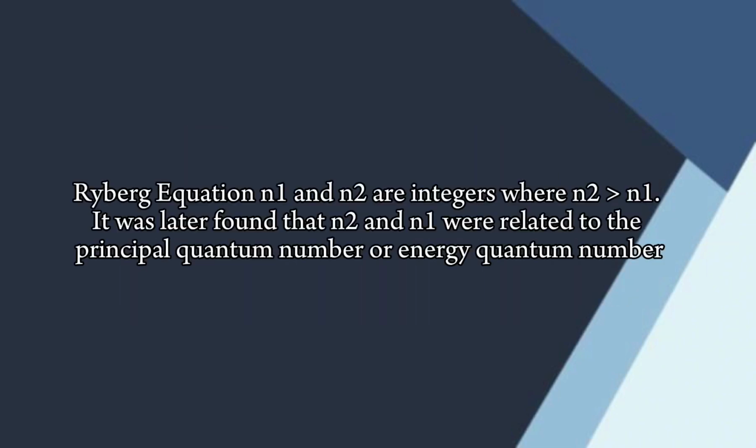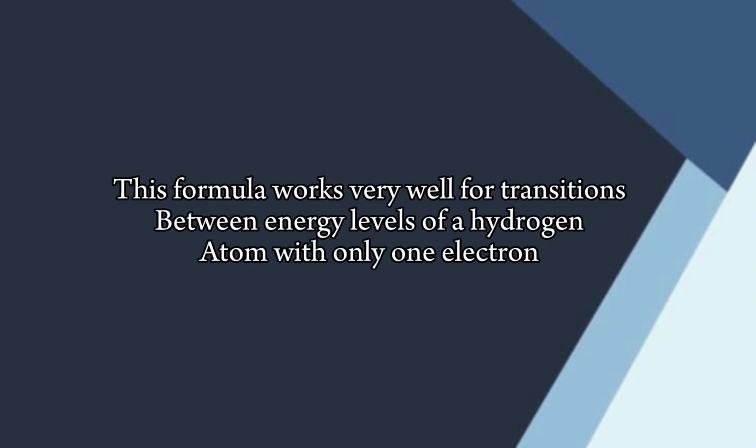In the Rydberg equation, it was later found that n2 and n1 were related to the principal quantum number, or energy quantum number. This formula works very well for the transition between energy levels of the hydrogen atom with only one electron.